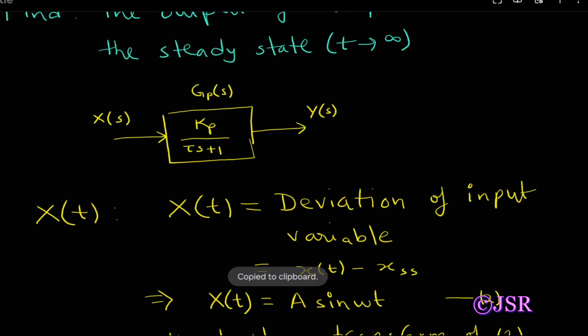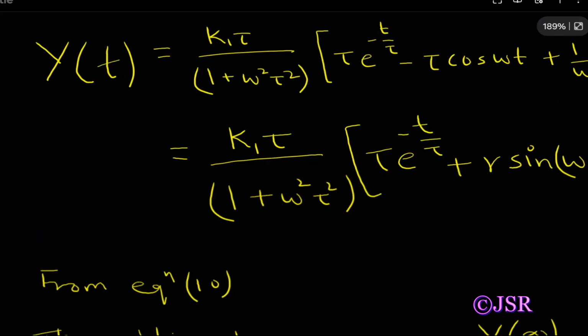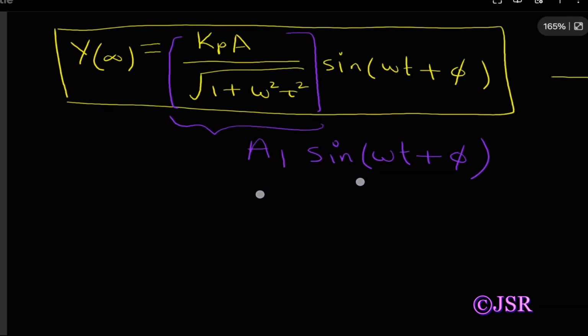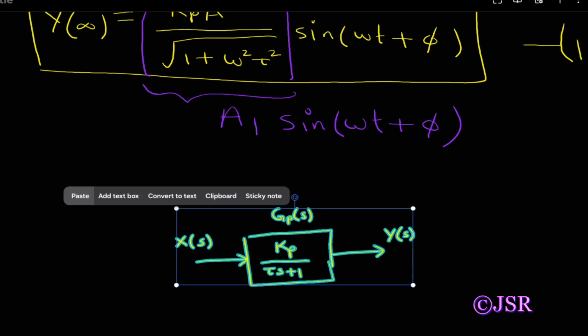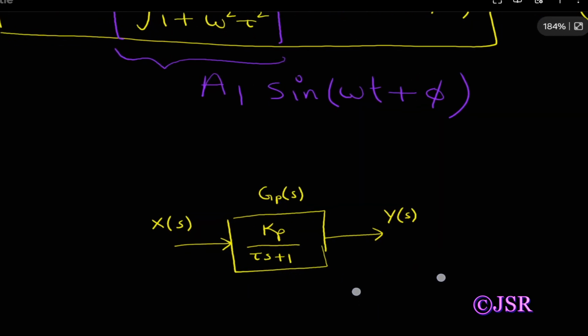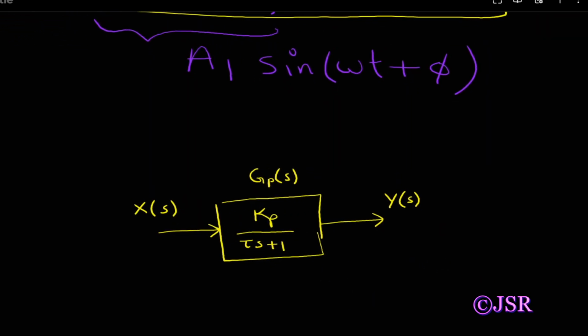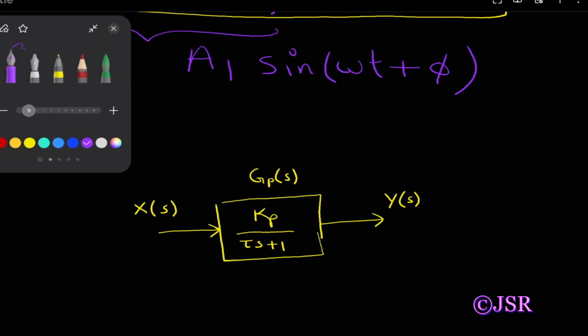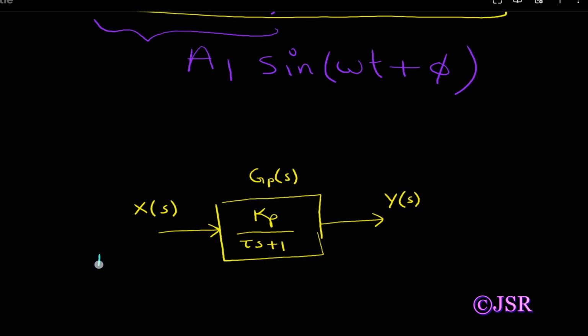For the first order system, I will just copy this portion, and then finally we can conclude here that for the first order system, if we have a sinusoidal input, capital X of t, let's say A sine omega t, right?